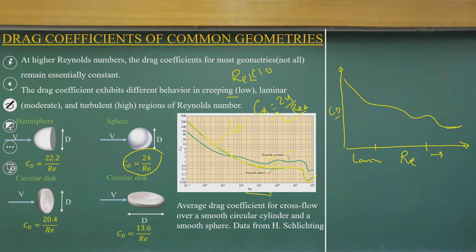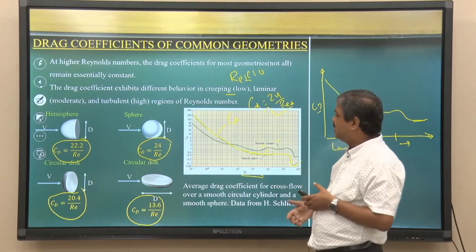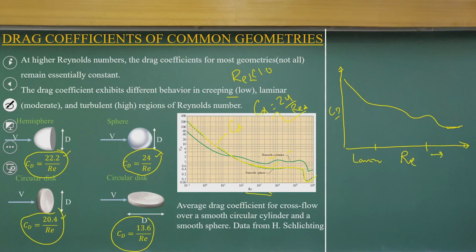As I was saying about the Cd for hemispheres and circular cases, there is an inverse relation with Reynolds number. The higher the Reynolds number, the Cd value is usually less, but the coefficients are different.